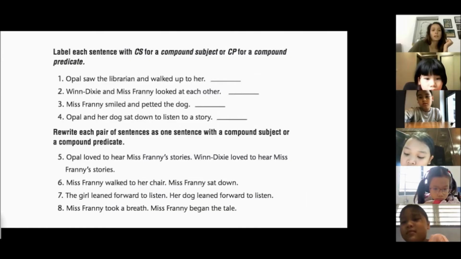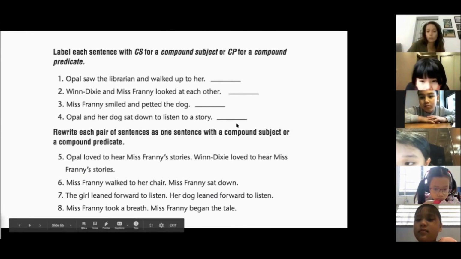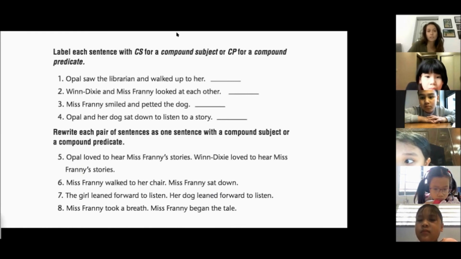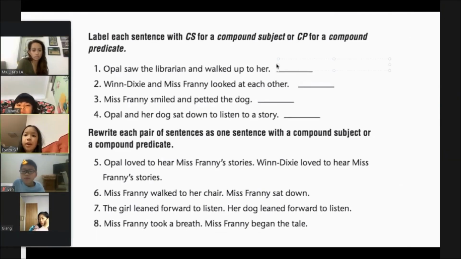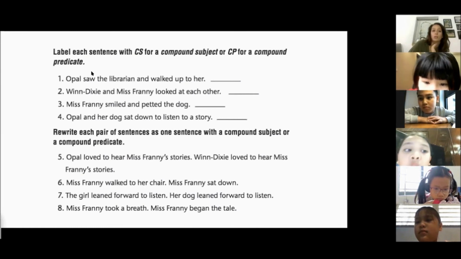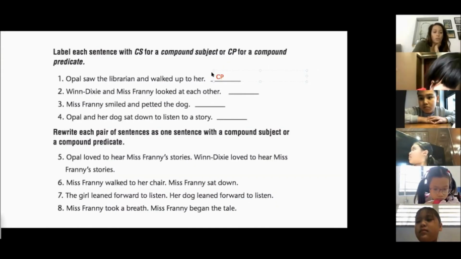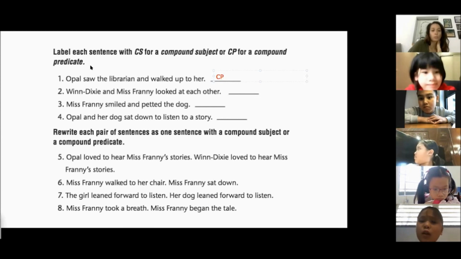Let's do some practice. Let's label each sentence with CS for compound subject or CP for compound predicate. Number 1, can you read for us, please? Opal saw the librarian and walked up to her. All right, do we have a compound subject or a compound predicate here? Compound predicate. What 2 things did Opal do?